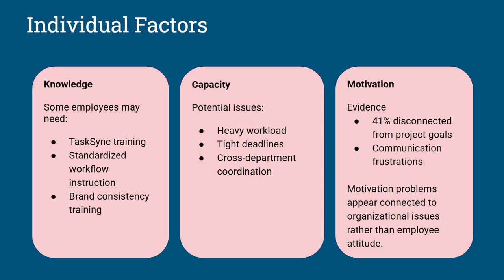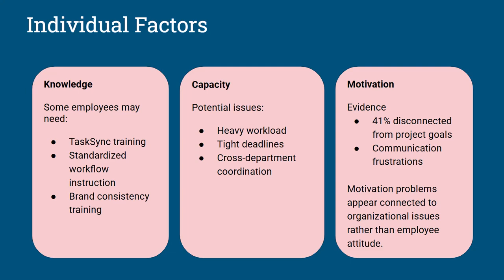After evaluating environmental factors, Gilbert's model also examines the individual factors that influence performance, which are knowledge, capacity, and motivation. The analysis suggests that some employees would benefit from additional training on task sync, standardized workflows, and brand consistency.